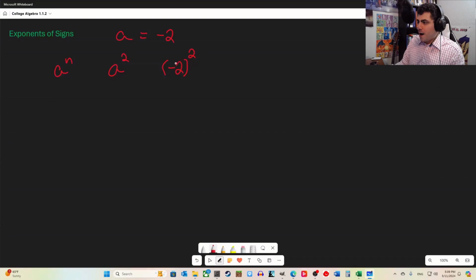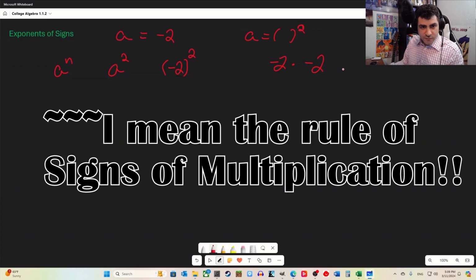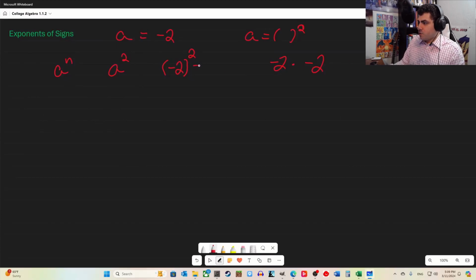Notice how I kept the -2 inside the parentheses, because whatever a is, you have to put it inside the parentheses. So -2 times -2. Remember our rule of signs for exponents. A negative times a negative always becomes a positive. So -2 squared, or -2 to the second power, equals 4.